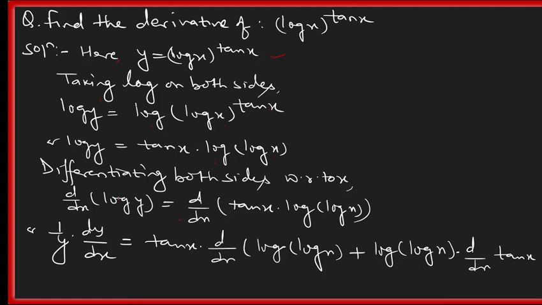Here, as I mentioned earlier, the derivative of log y is 1 by y dy by dx. I have done it directly from previous knowledge. First no change derivative of second plus second no change derivative of first. We have expanded in that pattern.